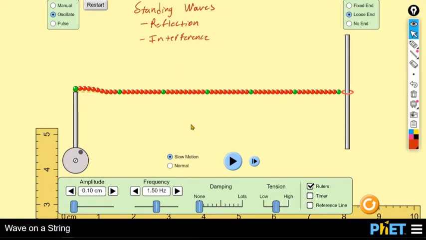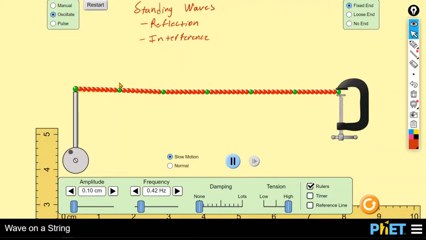Okay, so let me set this frequency to a special frequency that I calculated, 0.43, I believe, 0.42. Now this frequency is special for this length of string under high tension. Watch what happens. The amplitude's really tiny. It's only 0.1.